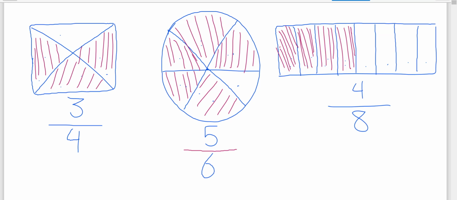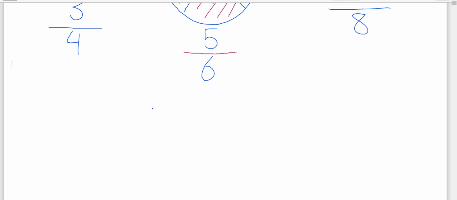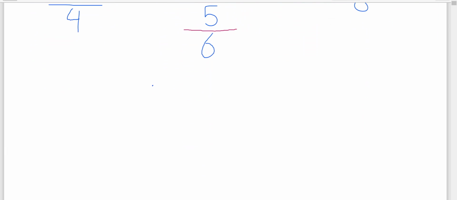When we represent the fraction 2/3 on a number line, draw a number line. Represent this fraction 2/3.